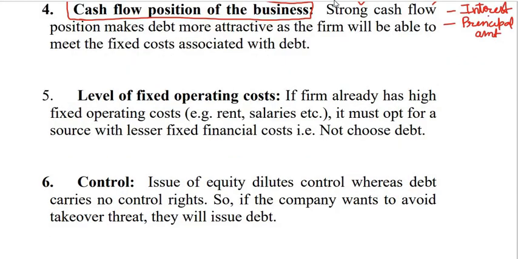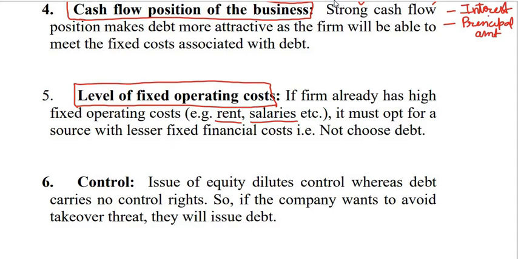So the next factor is level of fixed operating cost. Now, what do you mean by fixed operating cost? It is the cost which remains same or fixed irrespective of whether you're producing more or less. Example, rent, salaries. So these are called as fixed operating cost.